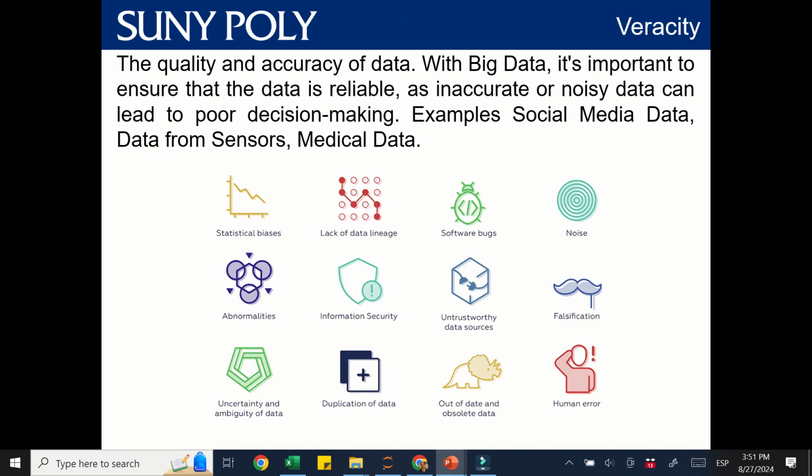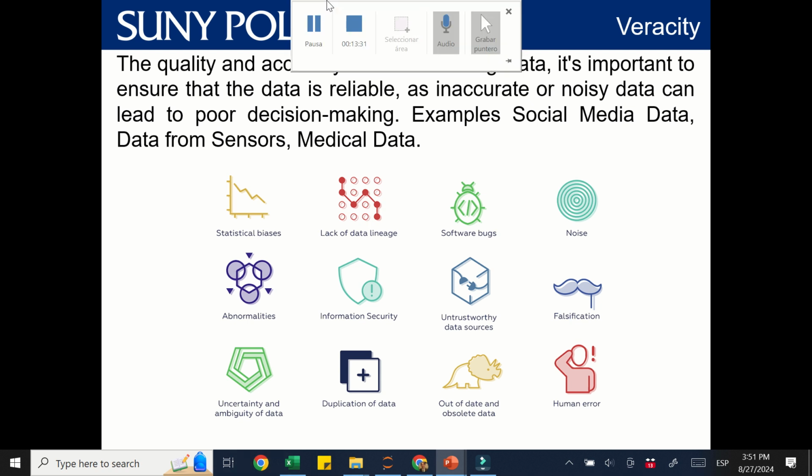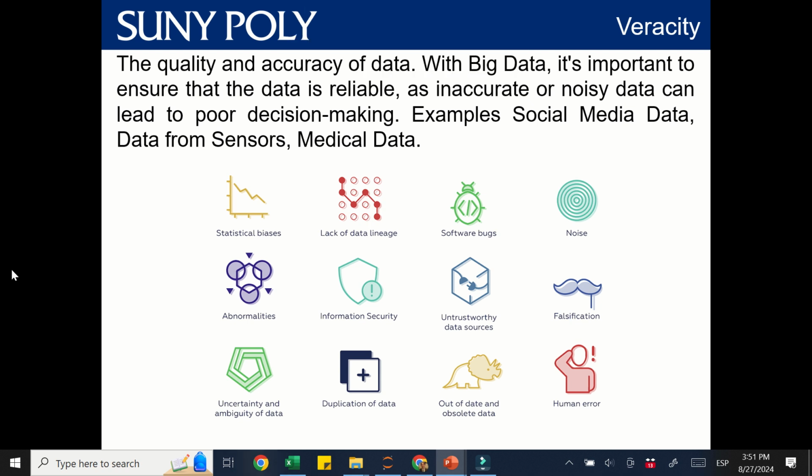The veracity is the quality and accuracy of the data. It's important to know that the data we're using is relevant and doesn't have problems, so we need to check that. That's when we analyze the veracity of our data. Typically you will see noise and variability, which is normal. In real life you will always see variability in different variables.